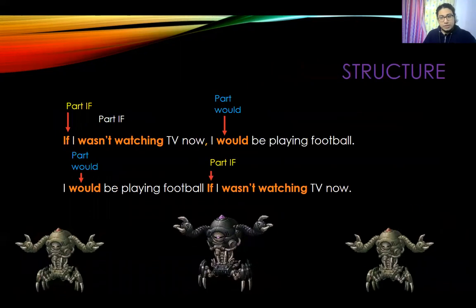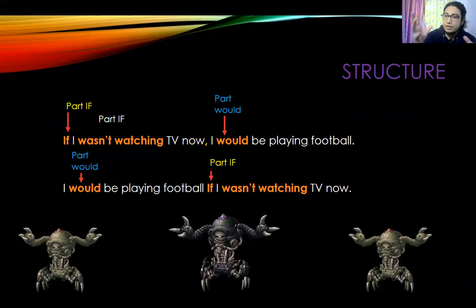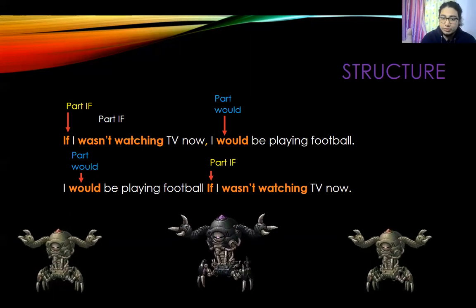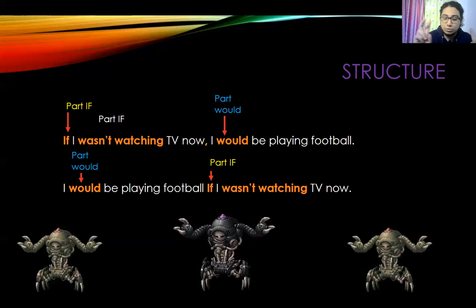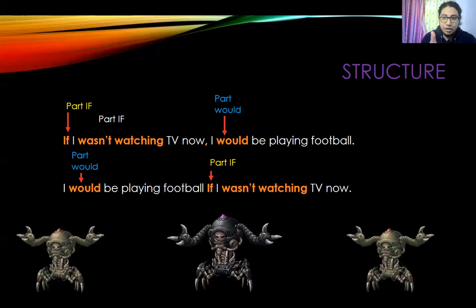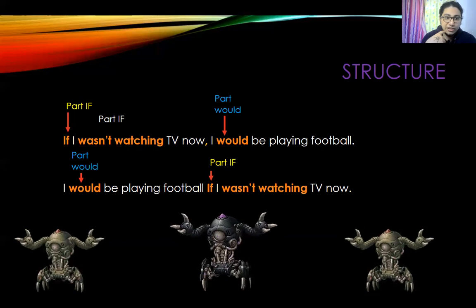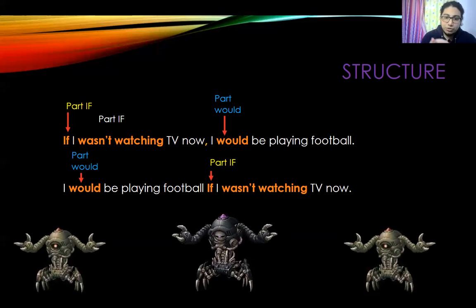Moving on, we have this structure that I want to be very brief with, but it's really important. We can divide the sentences in two parts. The first part is the if clause, and the other part is the will part. You can start with the if part, and it needs to be continued with the will part.